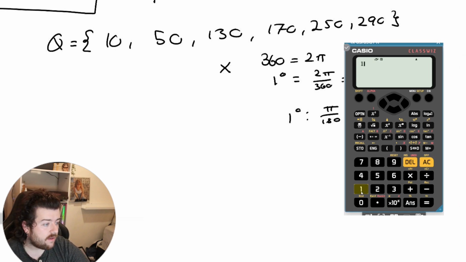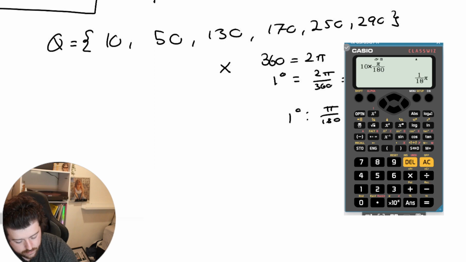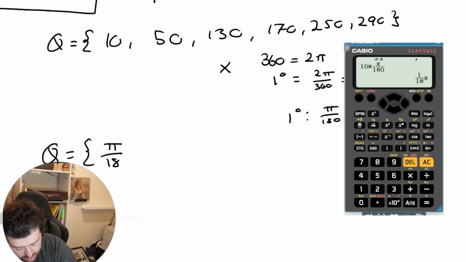So we have 10 times pi over 180. So my first angle is going to be, so this is radians, 1/18 pi, or just pi over 18. My second one is going to be, so I'm looking at 50.